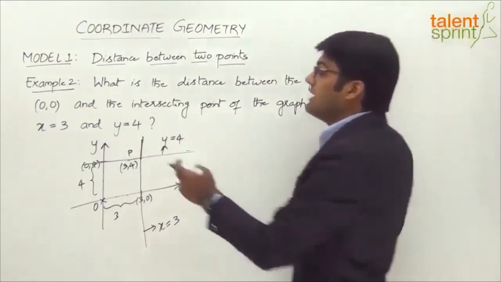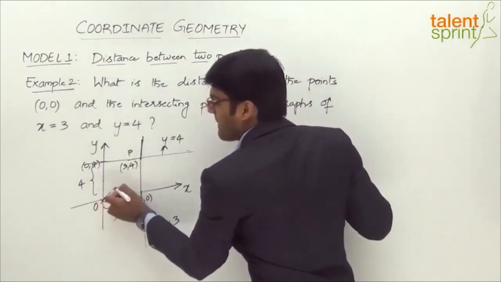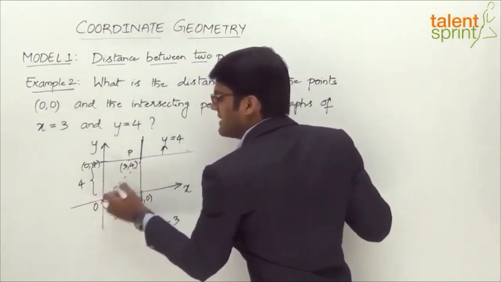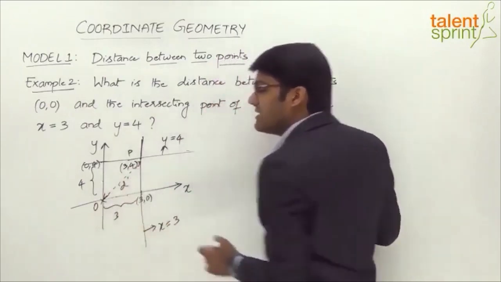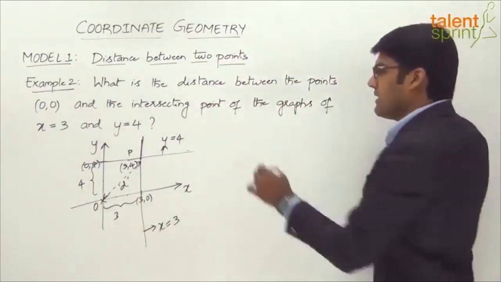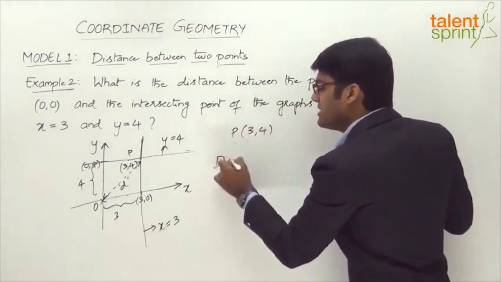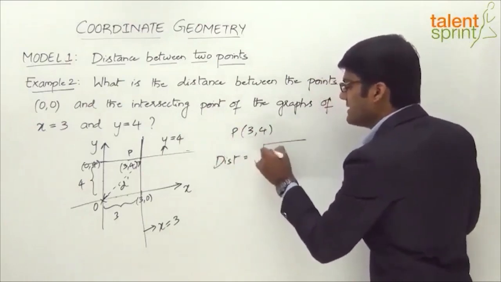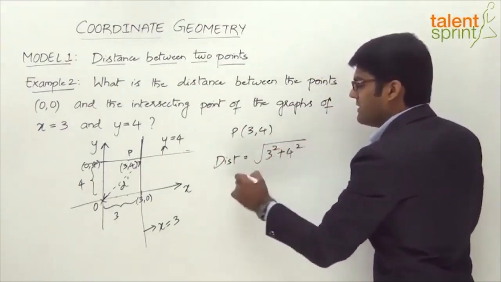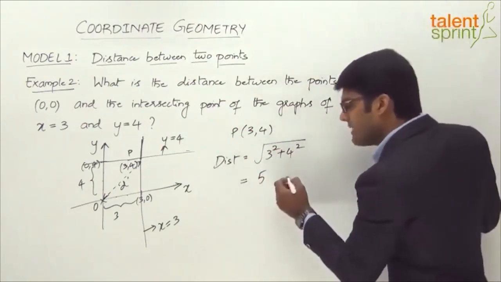Now we need to find out the distance between origin and this point P, which is this distance. Alright, we have to calculate this distance d here. We know that the distance of any point from the origin is simply root over x square plus y square, right? The point here is 3, 4. So what will be the distance from origin? It will be equal to root over 3 squared plus 4 squared, which is 5, right? 9 plus 16 is 25, under root 25 is 5.